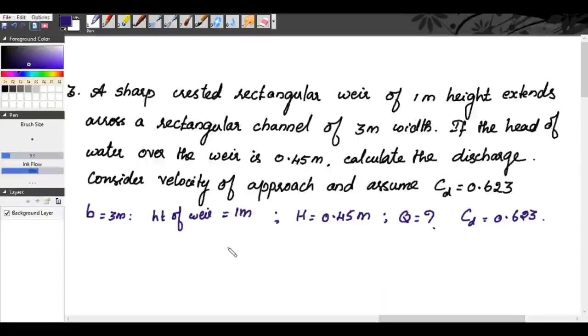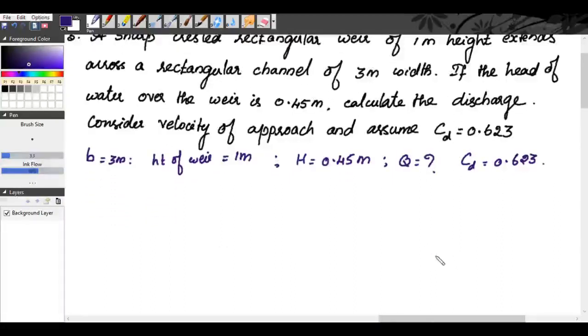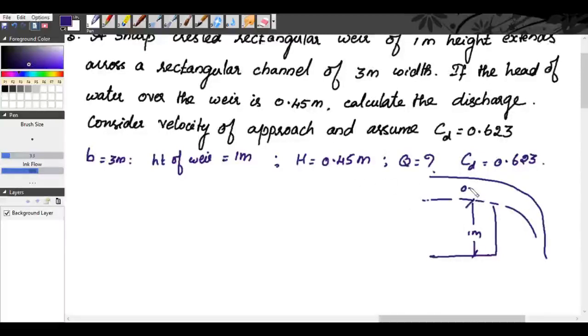Okay. So listen. See, if this is our rectangular notch. So height of the weir is 1 meter, and head of the water is 0.45 meter.